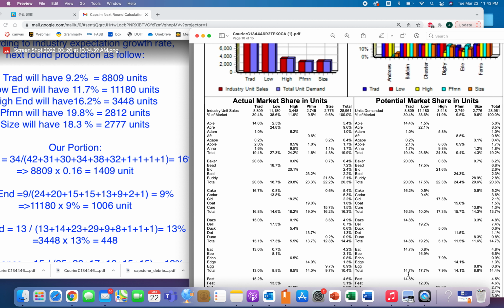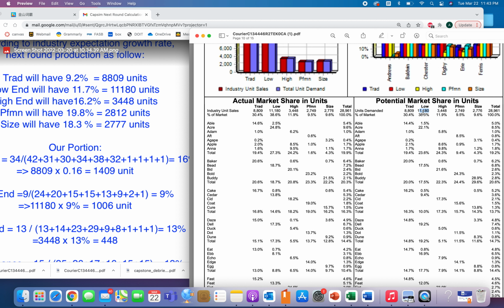It's about 1,400. It's about 1,400, plus the best scenario will be one extra month. So if we get one extra month, we get another 100.